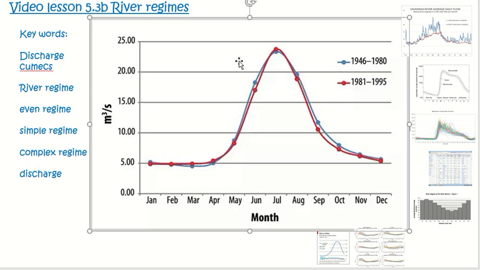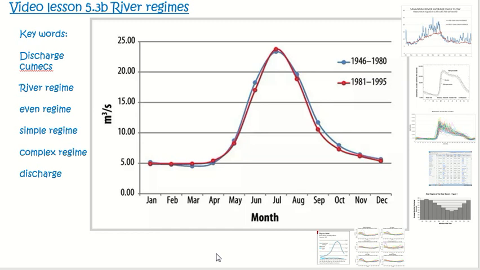What I want you to do is pause the video a second and think. You've got no idea what river this regime is for. Just think what might cause this seasonally high spike or increase in summer months. Have a think.